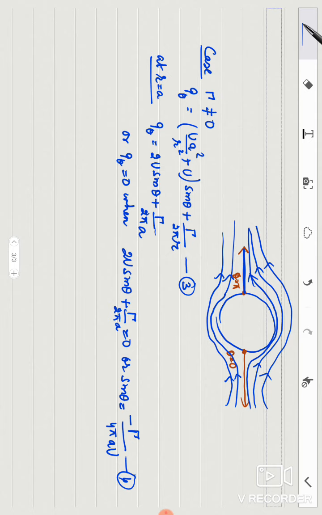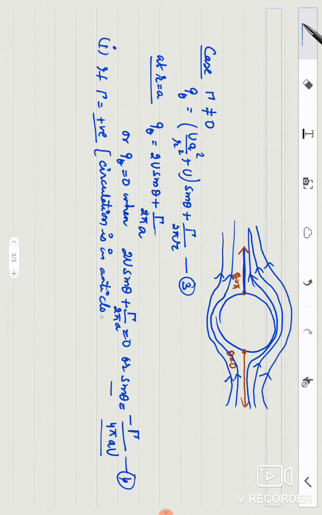Now you look at the picture. First of all, your sin theta is negative when your gamma is positive. Case 1: if gamma is positive, what do you mean by positive gamma? That you are taking circulation in the anti-clockwise direction.